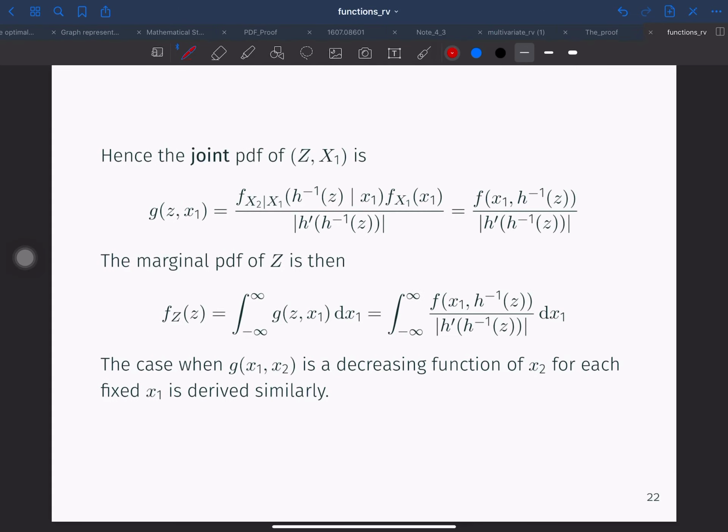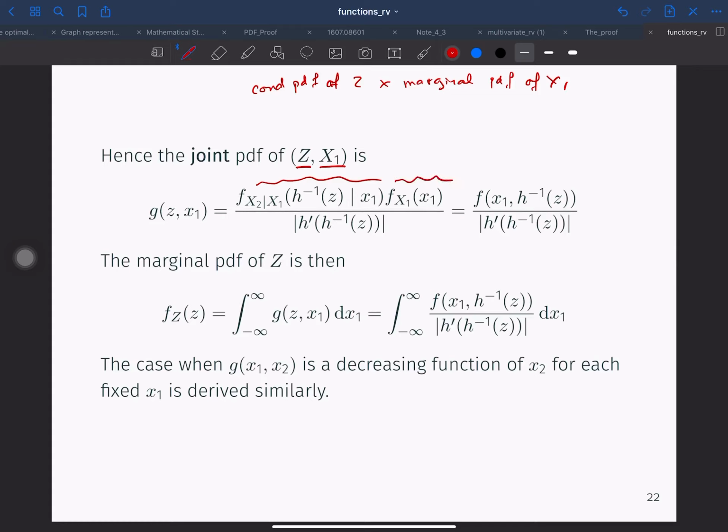Well, the joint PDF of Z and X1 is given by the conditional PDF of Z multiplied by the marginal PDF of X1.